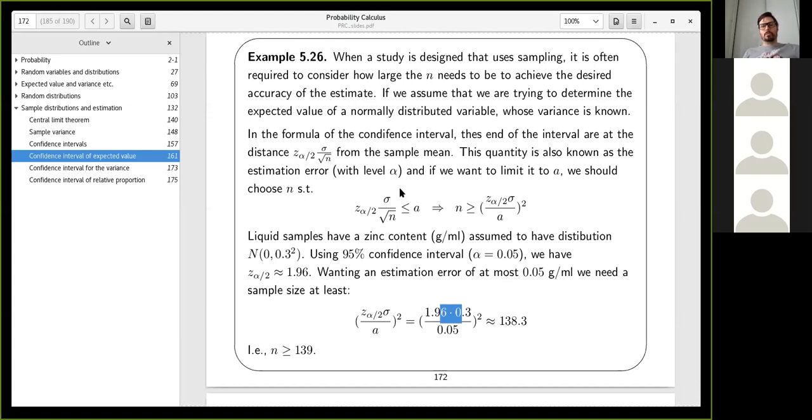So this is a rudimentary example of the sort of analysis you need to make in order to design a study. This course doesn't give you the tools to design your own studies. There are more advanced courses for that, but it does give you the idea that if you read a study that has done statistical analysis and they talk about estimation errors and error margins and so forth, then you should be able to recognize those things and understand the nature of those numbers.